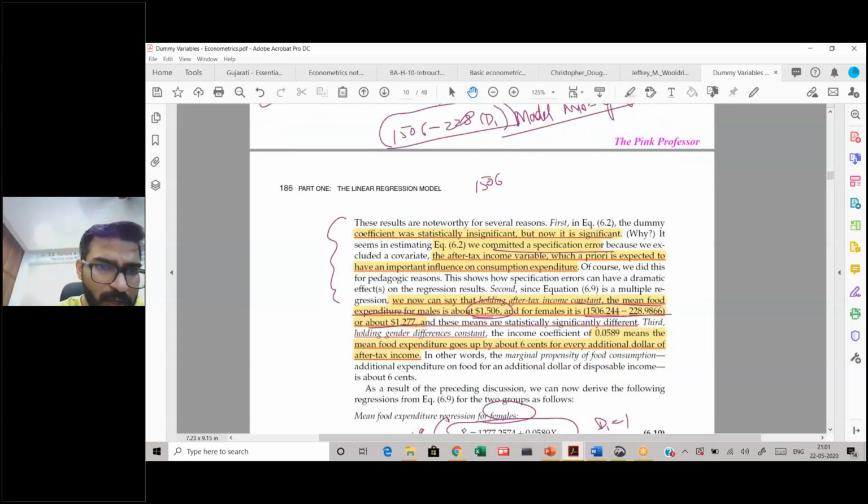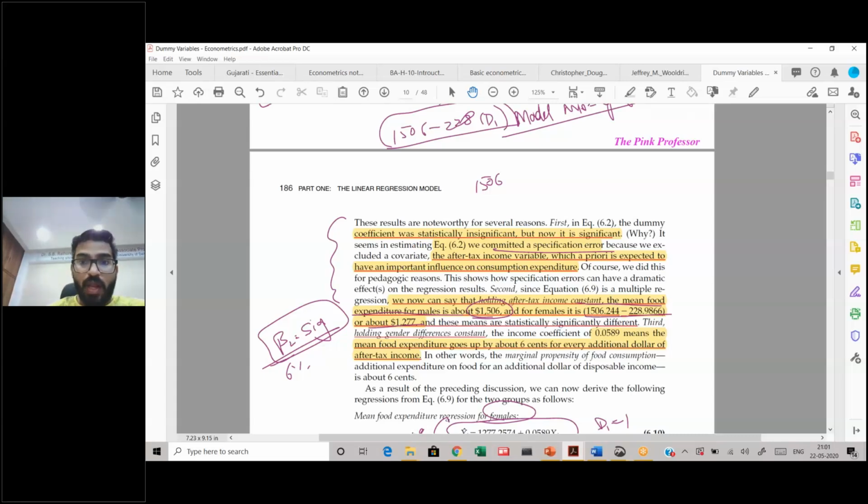And because your B2 was significant, remember B2 is significant at 6%, which essentially shows that there is going to be a difference in your intercepts.